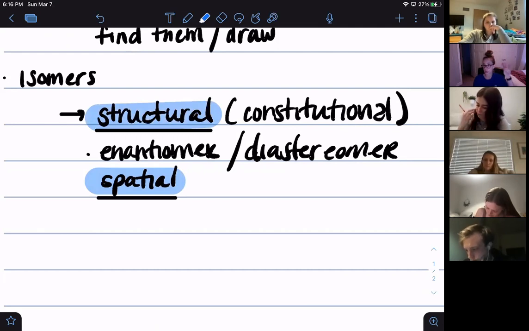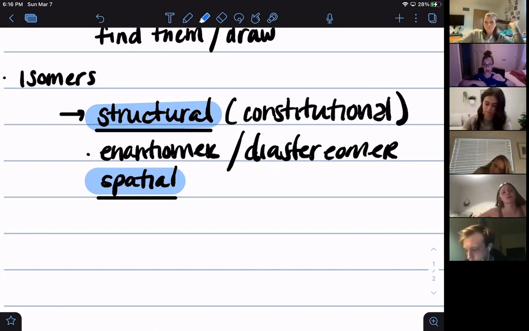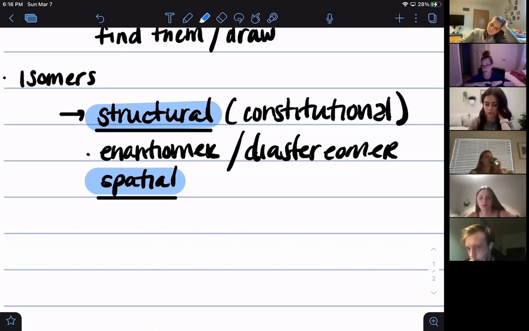One, we're just looking at the change in the structure. The second one is, where is it spatially? So that's pretty much the two subsets of isomers. You're either looking at it structurally or spatially, and how it orients itself in space and how it spins. How does that change, and how does that vary from molecule to molecule?